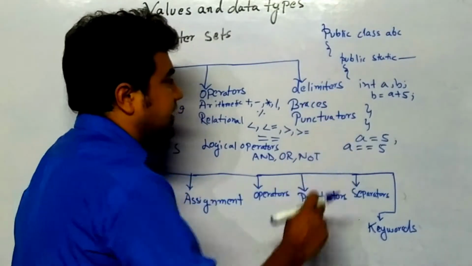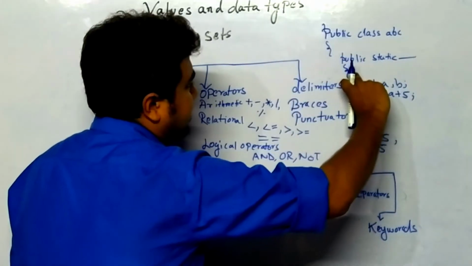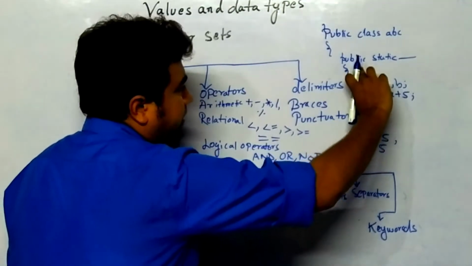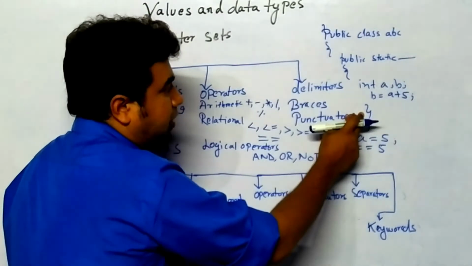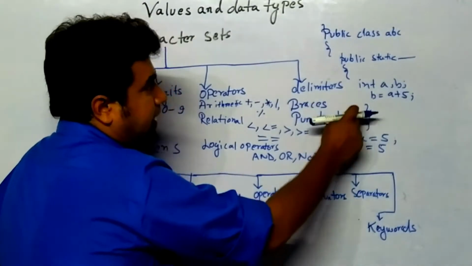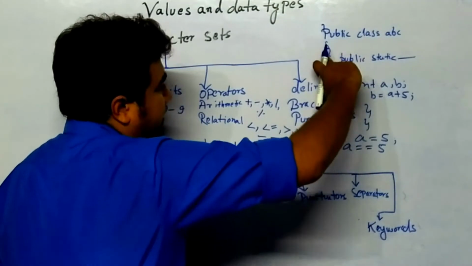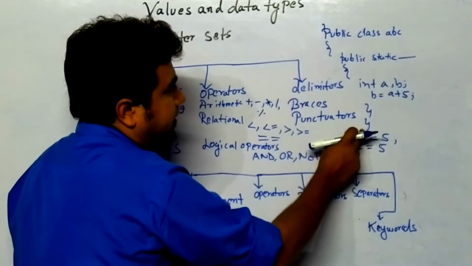Now delimiters. As I stated, braces are known as delimiters. Delimiters means separators, you can say. For public static void main, its dimension is from this bracket to this bracket. Its boundary is from here to here. If I am talking about this class ABC, its boundary is from this part to this part. This is the boundary of ABC.